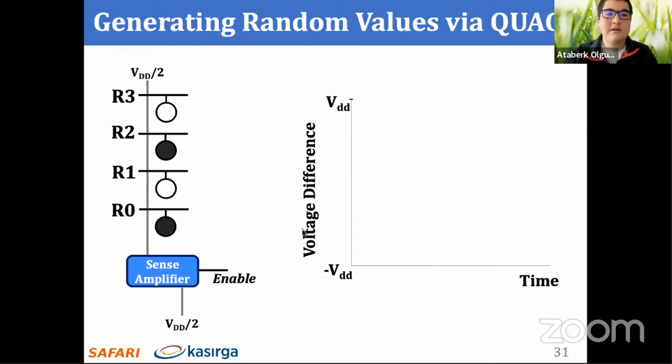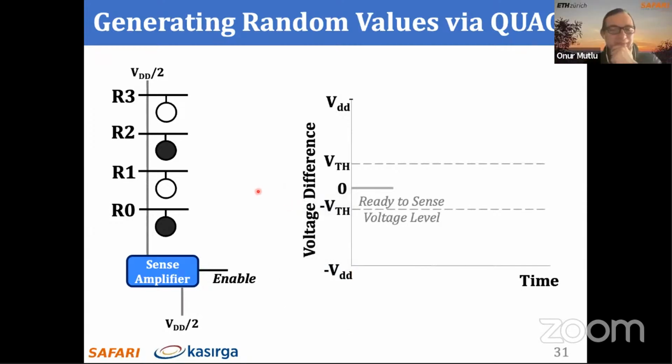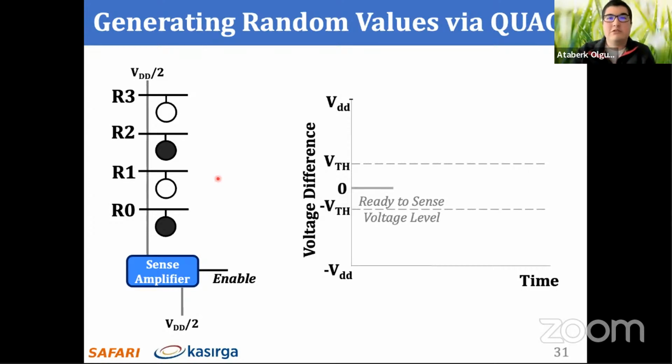So I'll continue by describing this figure on the right again. The figure is essentially showing the difference in bitline, sense amplifier terminals over time, and the gray dashed lines here depict the reliable sensing thresholds for the bitline voltage for the sense amplifiers to correctly amplify the voltage on the bitline.